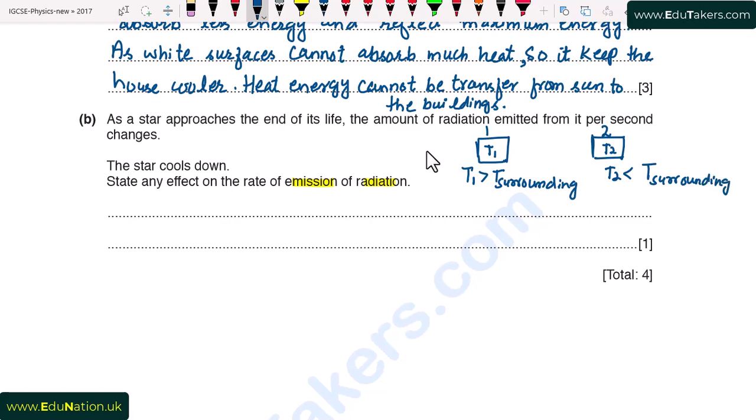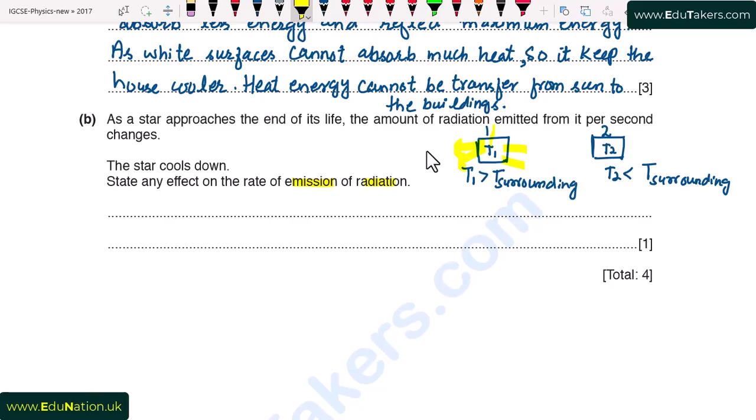And we know that energy transfers from higher to lower temperature. In the case of the first object, its temperature is larger compared to the surrounding, so this object emits heat to the surrounding because the temperature of the surrounding is less.